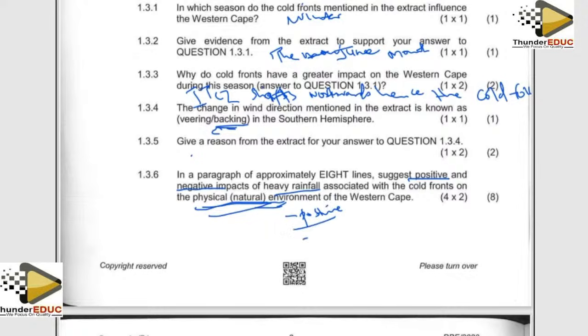Under positive, I'll say it clears or cleans the atmosphere. Remember, when it rains, if the environment has been dirty, having toxic gases, when it rains, they will be brought down from the atmosphere, and the air in the atmosphere is going to be clean. That is number one.